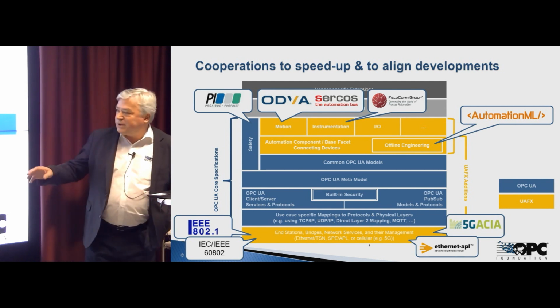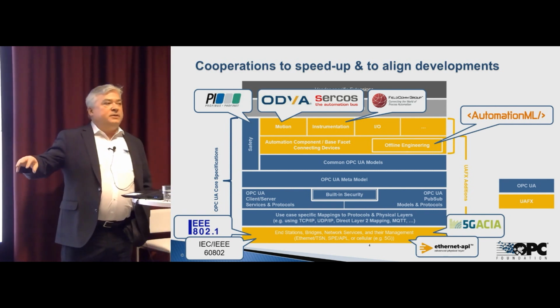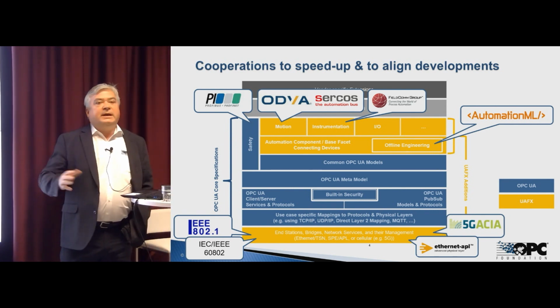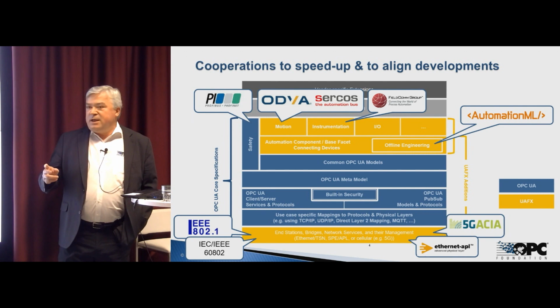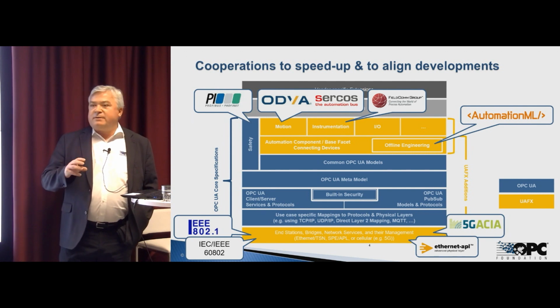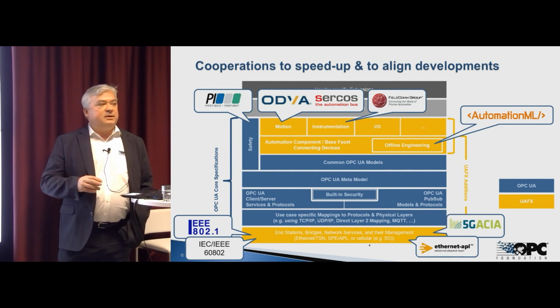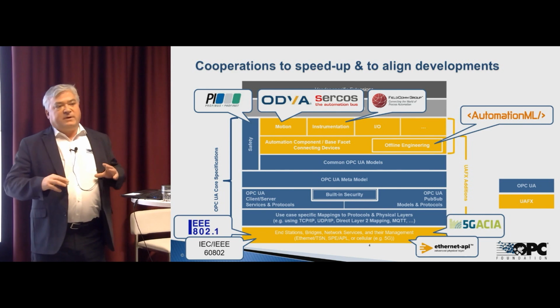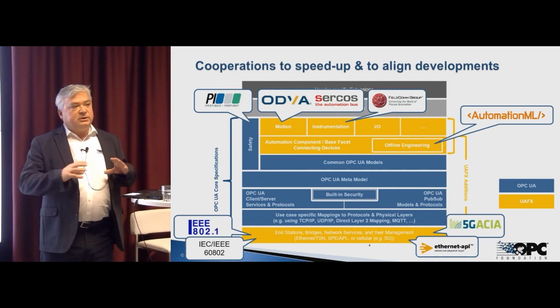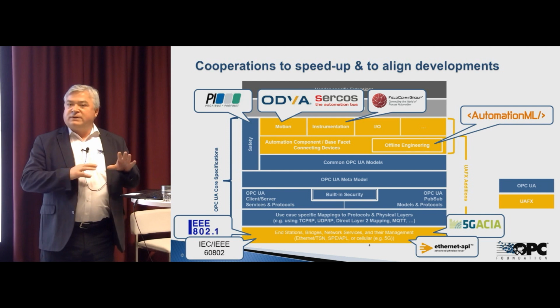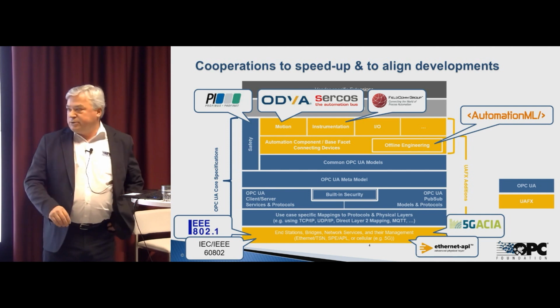I like this slide because it shows you all the different corporations and liaisons we have in order to combine things to finally make, let's say, a comprehensive and usable profile for the different devices and the different scenarios.